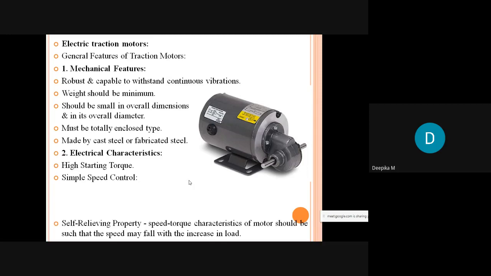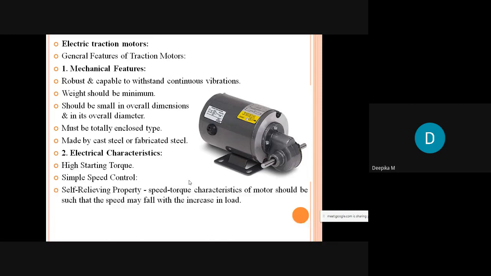Next, it should have the self-relieving property. That means the speed torque characteristics of the motor should be such that the speed falls with an increase in the load. This is one of the important electrical characteristics of a motor. That means if the load is increasing, then the speed should reduce. If the load increases and the speed also increases, then that is not a good kind of motor.